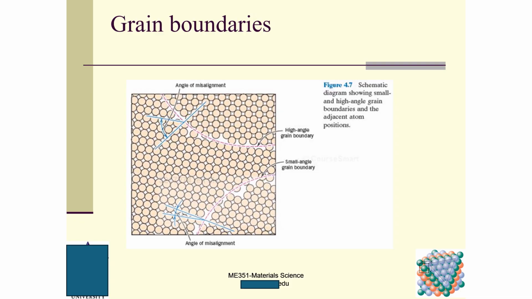It means that the mechanical properties for this one are different from this one and different from this one also. So here is what we call a small angle grain boundary. This is a high angle grain boundary. The grain boundary is definitely treated as an interfacial defect.